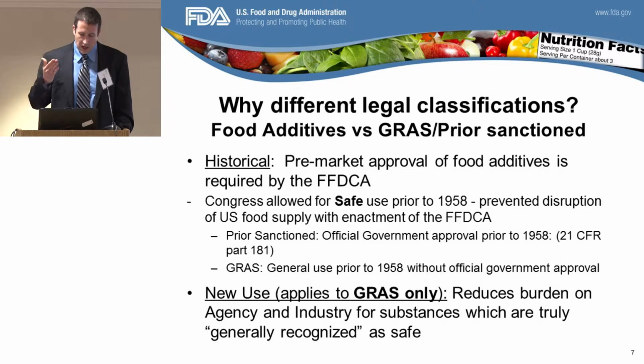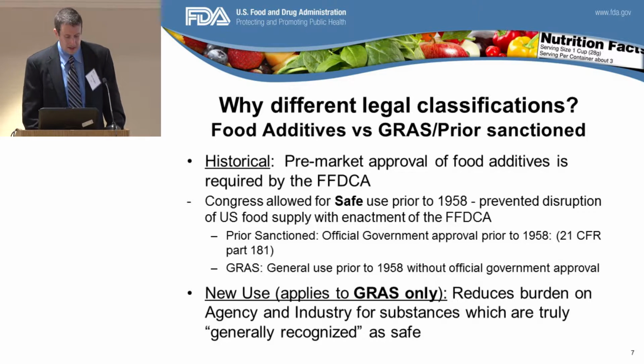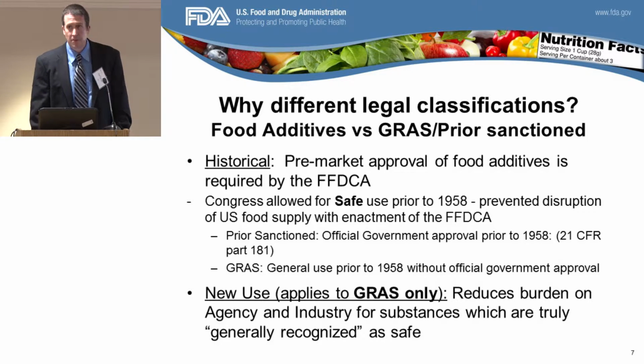So what Congress did in order to prevent disruption of the food supply with the enactment of the Food, Drug, and Cosmetic Act, they basically allowed that any substance in use prior to 1958, and the key word being safe use prior to 1958, was considered generally recognized as safe and therefore exempt from the pre-market approval requirement for food additives.